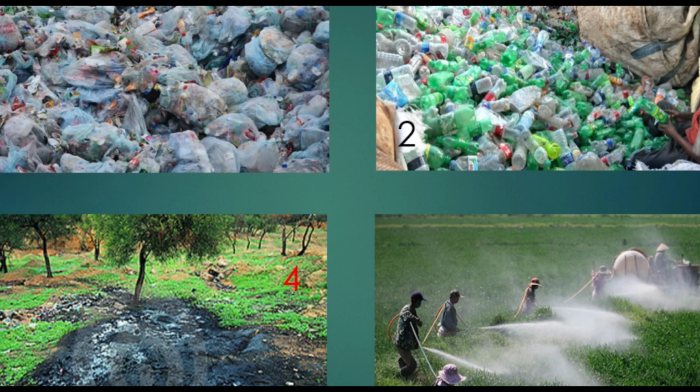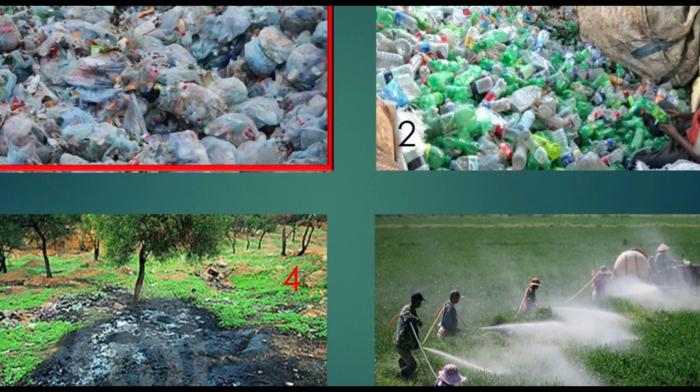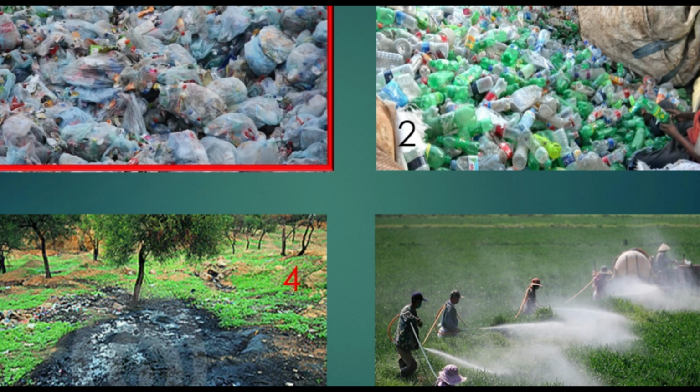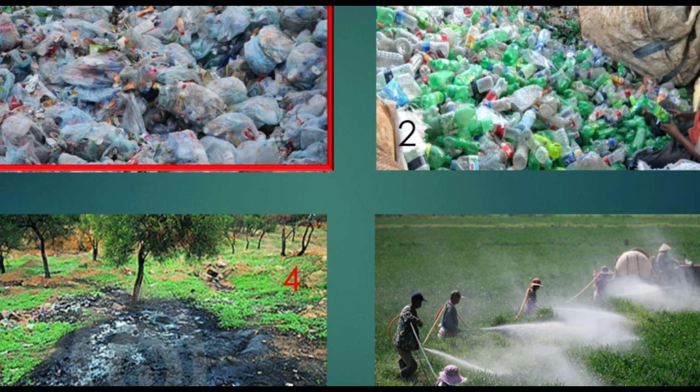What do we see in these new 4 pictures? In the first picture, we see that people have thrown away their household garbage, household rubbish here, packed in polythene bags, and thousands of packets have spoiled the environment.